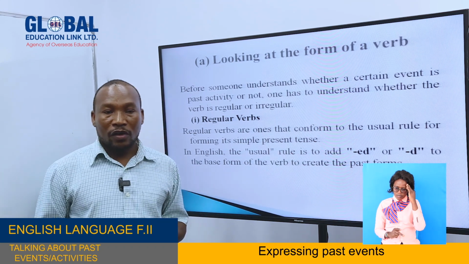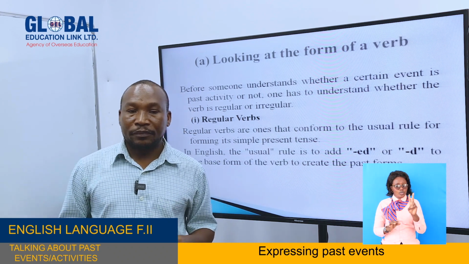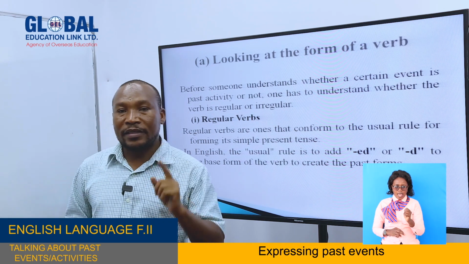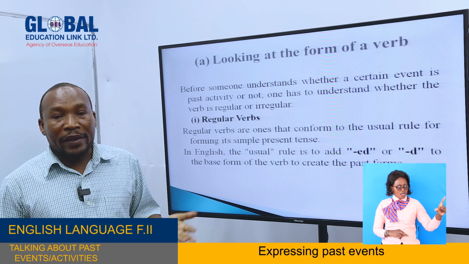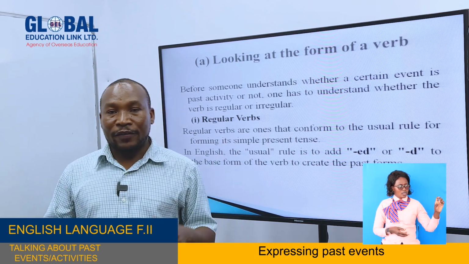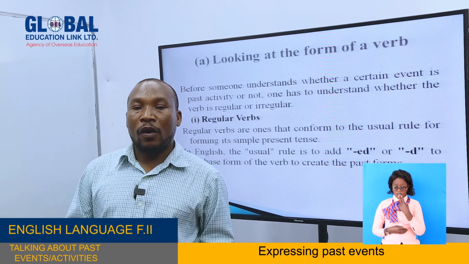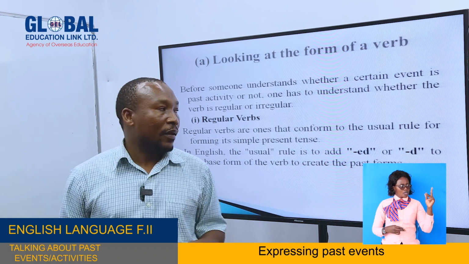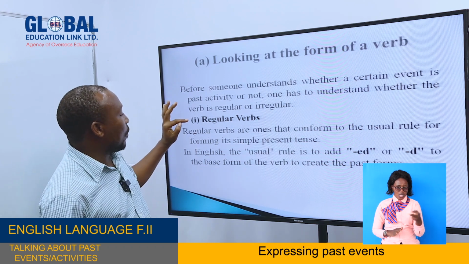Dear students, let's start with the first one, which is looking at the form of a verb. As we know, we have 2 forms of verbs. We have regular verbs and irregular verbs. Before someone is in the position to say whether this is past events or not, the first thing is to see whether this verb is an irregular verb or a regular verb. For this case now, let's start with regular verbs.